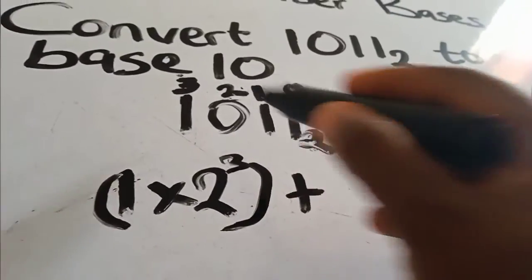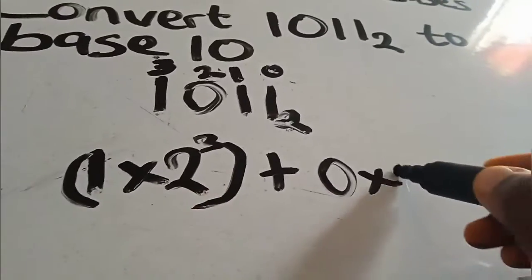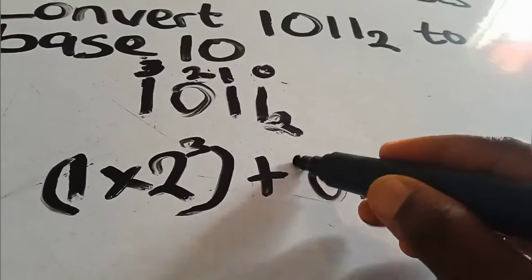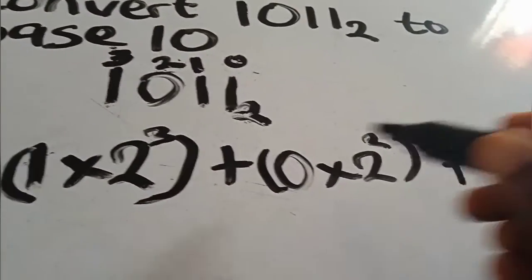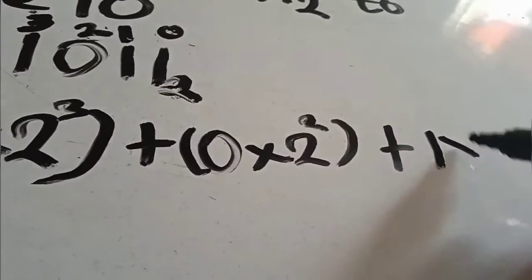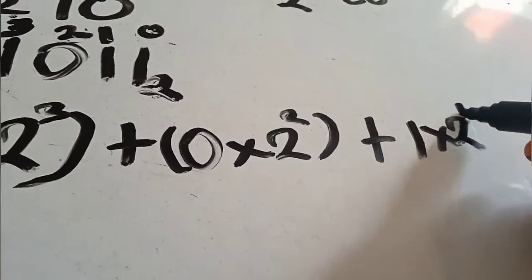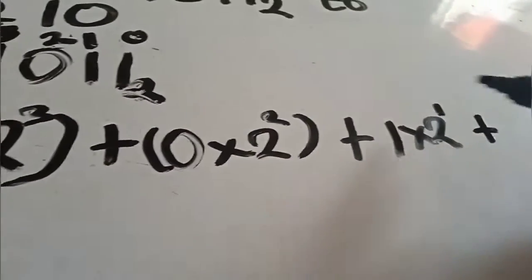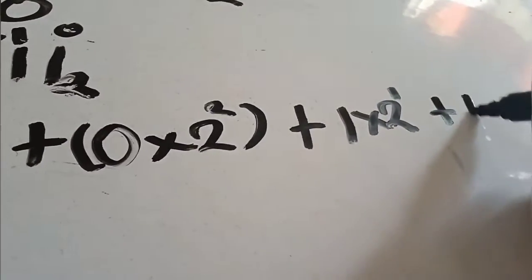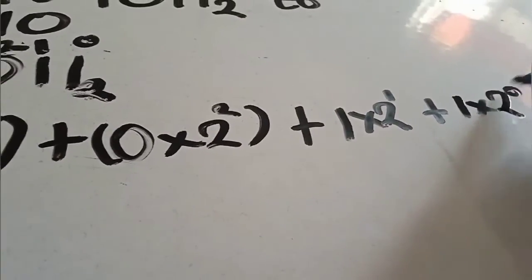Plus 0 times 2 raised to power 2, plus 1 times 2 raised to power 1, plus 1 times 2 raised to power 0.